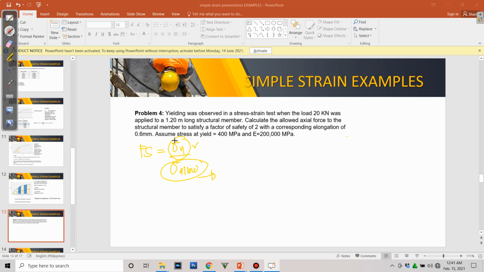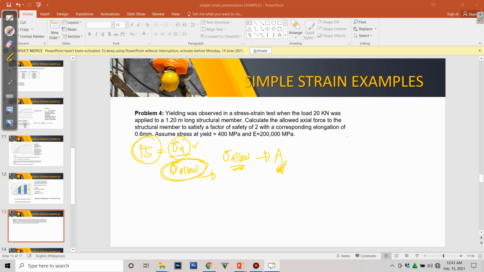So it is a conservative design. Before we reach the yield point, we are actually designing the structural member on this sigma allowable, and from sigma allowable we will derive the corresponding area. What is the required area from this allowable? We are not calculating the area from the yield stress, we are calculating it by sigma allowable.